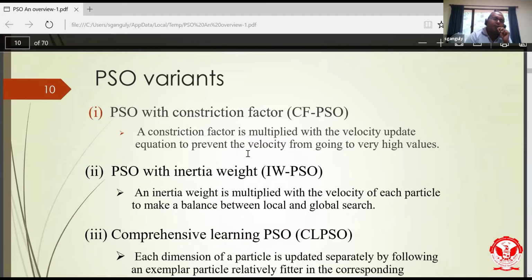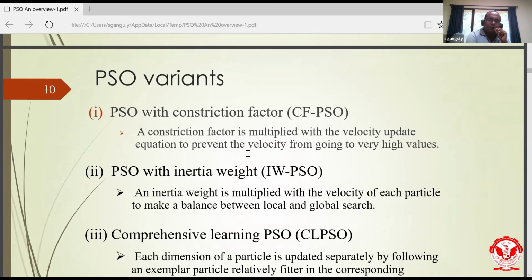Now, like other meta-heuristic algorithms, PSO has many variants. Many papers propose a superior variant of PSO.